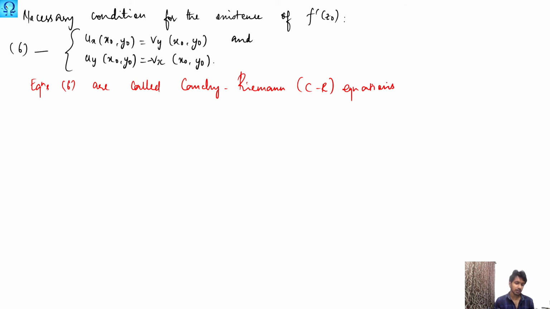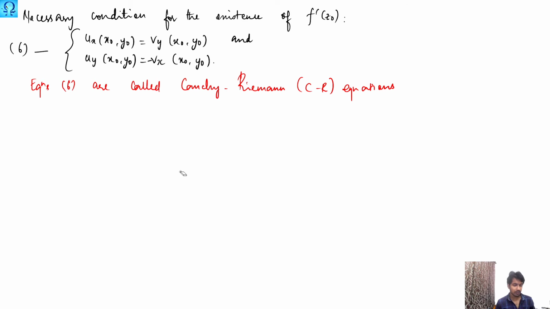This was named in honor of the French mathematician A.L. Cauchy, who actually discovered and used them, and in honor of the German mathematician G.F.B. Riemann, who made fundamental contributions in his development of the theory of functions of complex variables. So these things we have done.